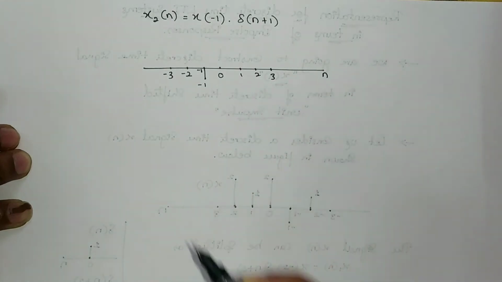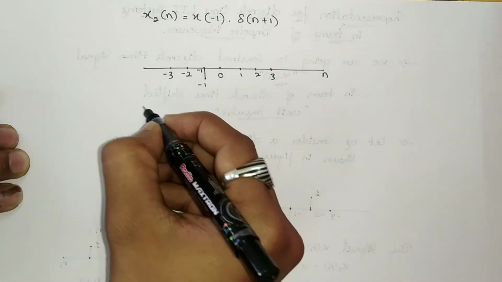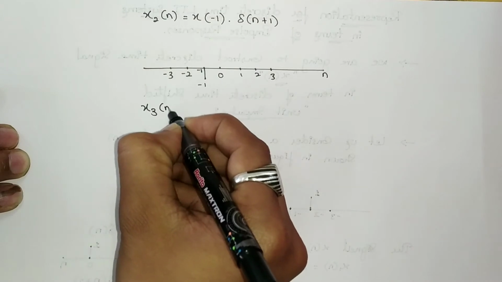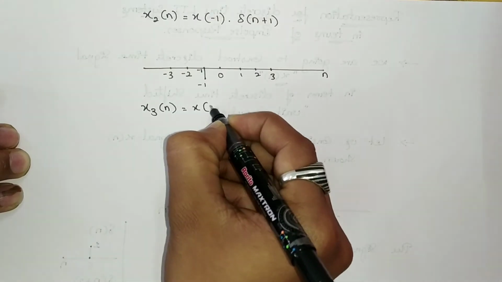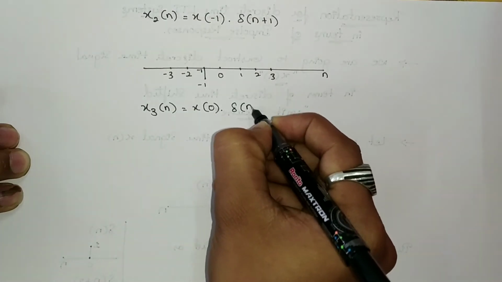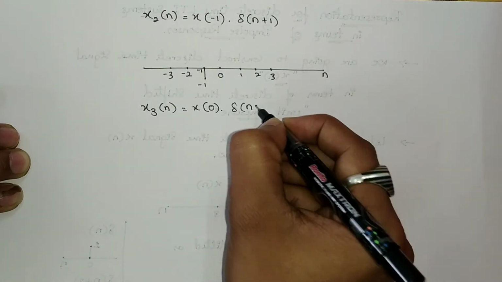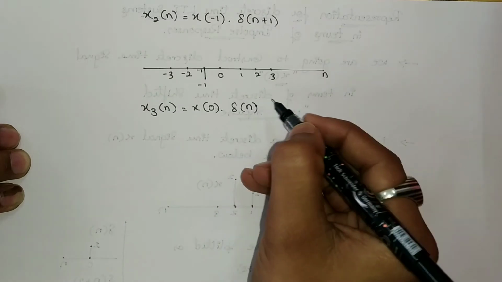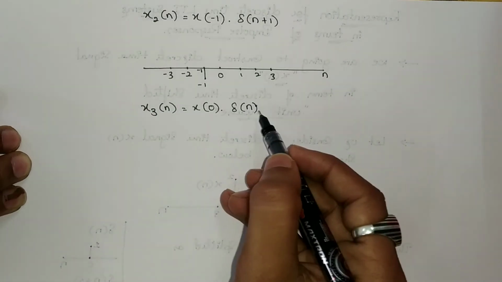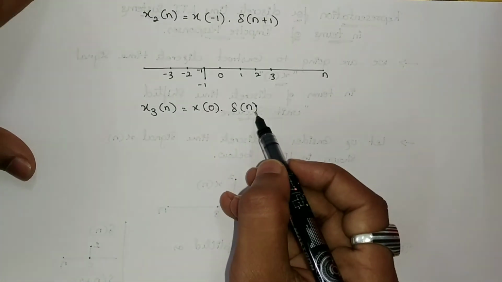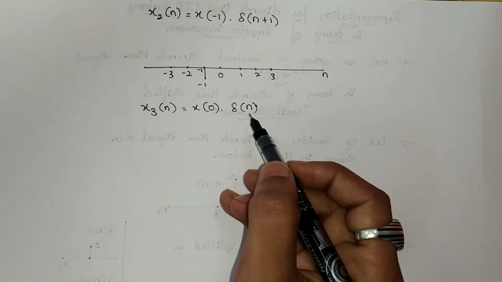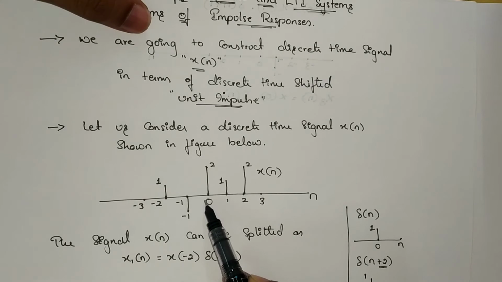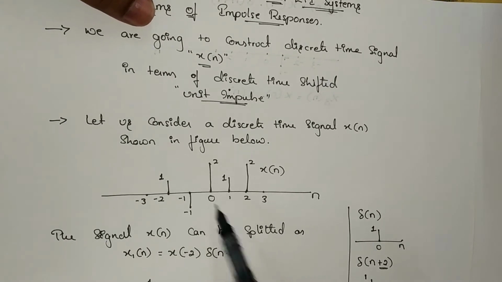Similarly, x3 of n is equal to x of 0 into delta of n plus 0, which is delta of n only. After minus 1 we have x of 0 only.